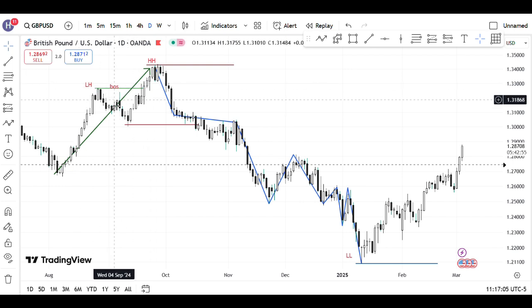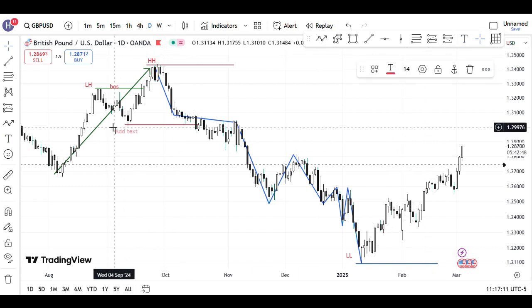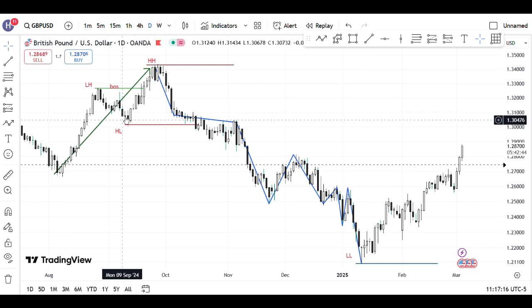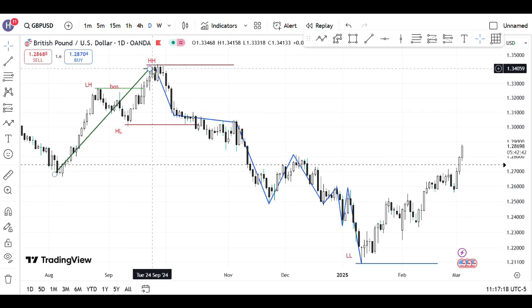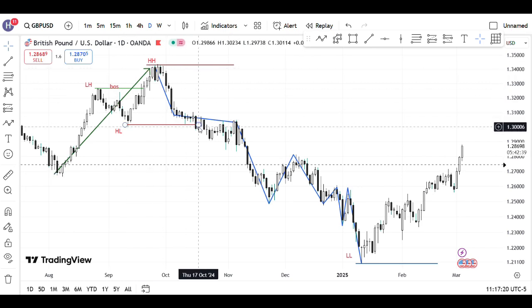But see what happening? There's a lower low, higher low. So there's a higher low here, right? From this higher low, it goes to higher high. After that, what happened? This higher low was broken.